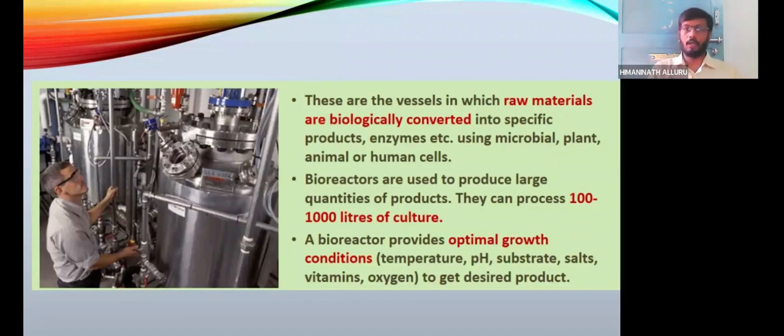It does not depend only on the recombinant organism, that heterologous host. Apart from that, temperature, pH, and substrate concentration, everything matters in the production of these bioactive molecules or whatever product is going to be produced.